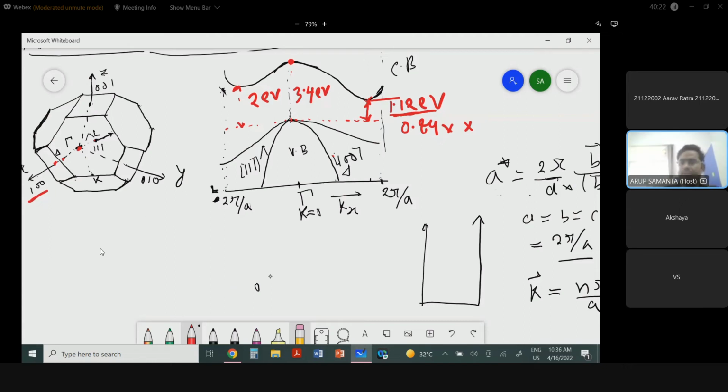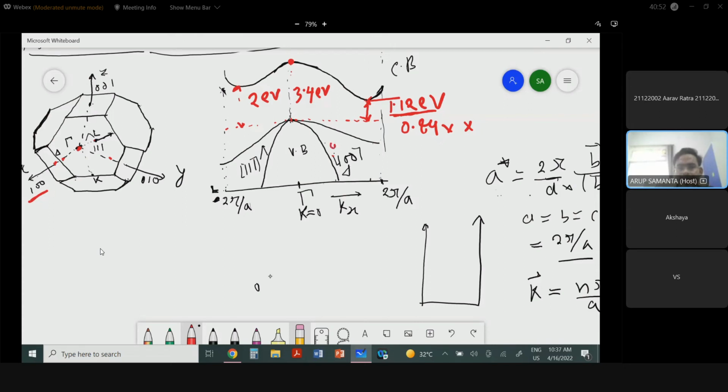Now you know that the 100 direction and 010 direction are the same direction, only the coordinate changes. So in the same way you can find a minima here. So in 3D, if this is along the 100 direction, the same phenomena you can find along the 010 direction.